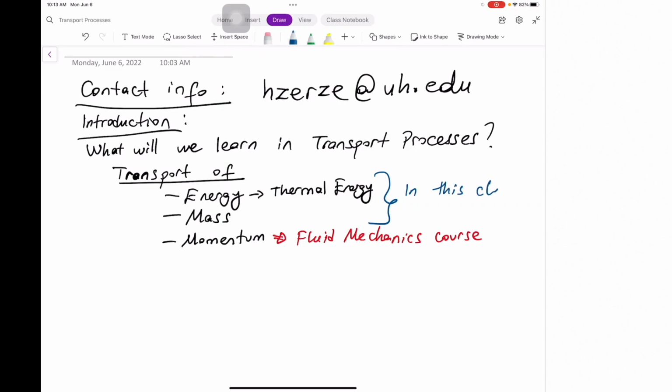We can talk from time to time about momentum, but particularly we are interested in energy and mass transport in the context of this class. Any questions so far?